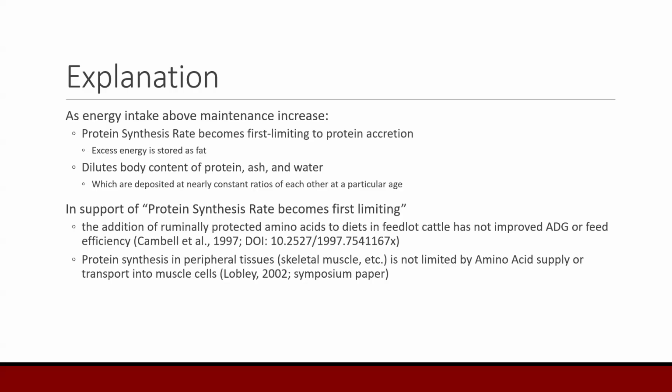Dilutes body content of protein, ash, and water. So more fat in empty body weight means there's less percent of the body weight that is protein, ash, and water. These are deposited at near constant ratios of each other at a particular age. Okay? So as we're increasing fat as a percent of that animal's body weight, we're decreasing protein, ash, and water.